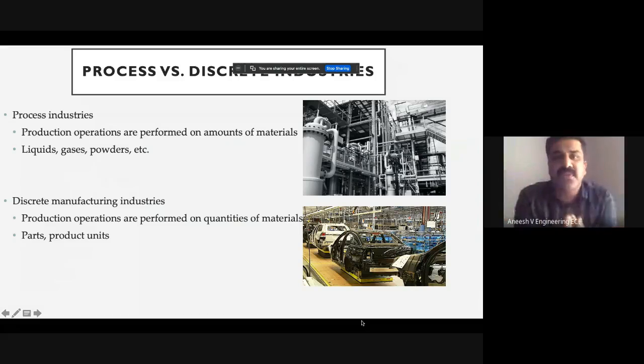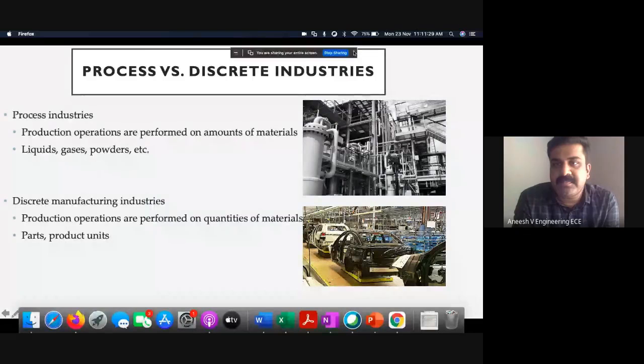Now, before going to that, we need to know what is process versus discrete industries. That means we have two types of industries, process industry and discrete manufacturing industry. One is based on amounts of material and the other is based on quantities of material.